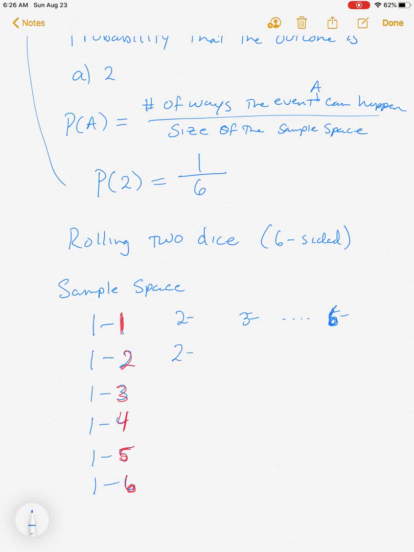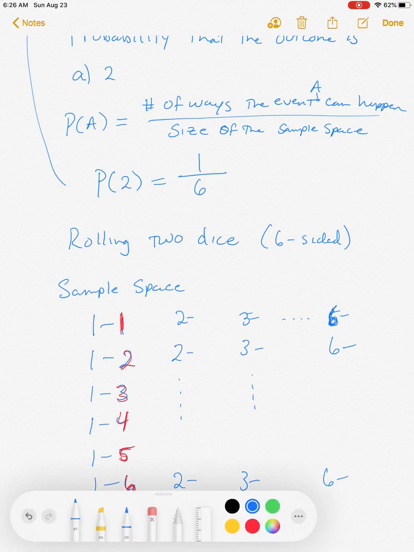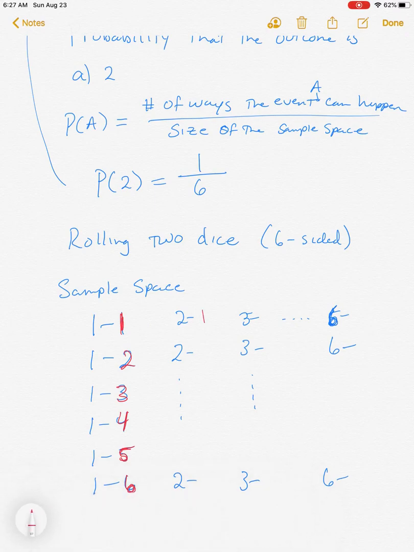And it could be 2, and all the way down to 2. So this is just trying to represent 2 on the first die, 3 on the first die, 4, 5, 6 on the first die. And that second die, which is in red, could come up to be 1, 2, or 6, or anything in between.